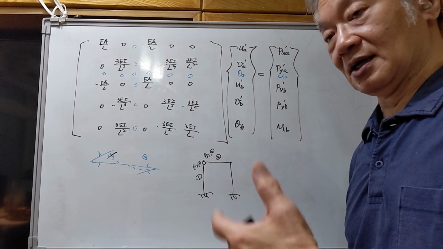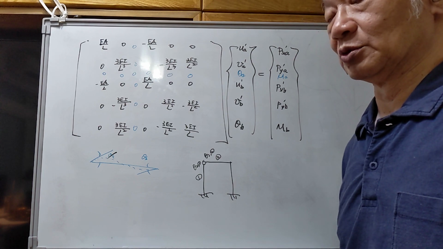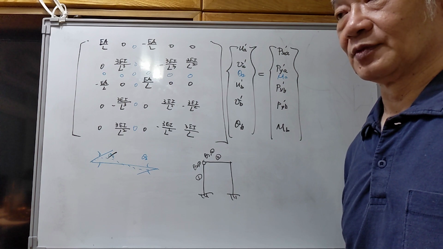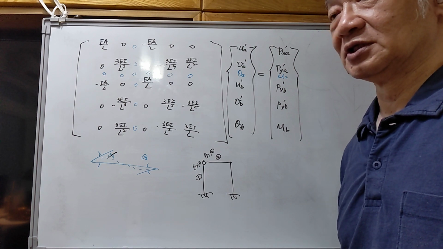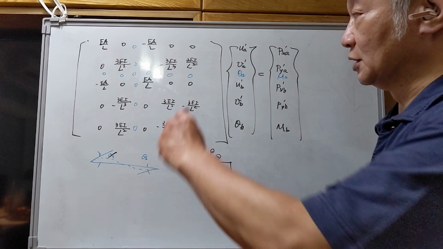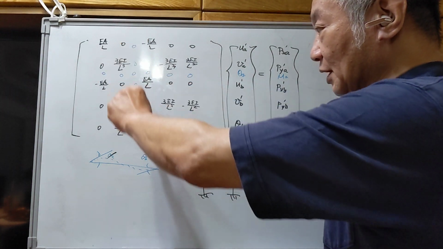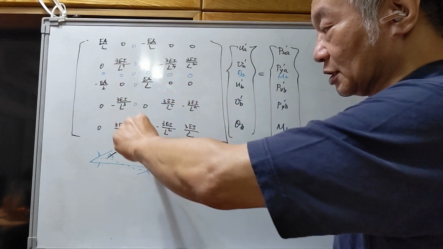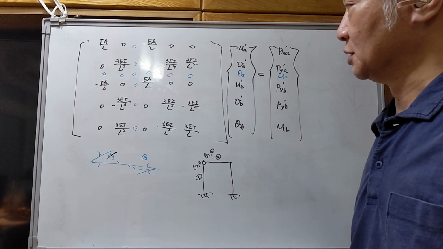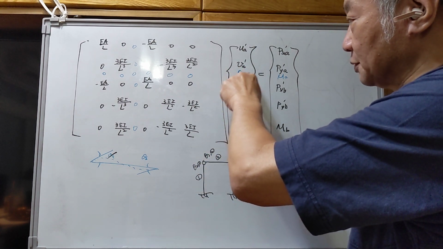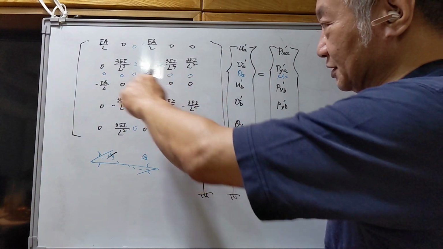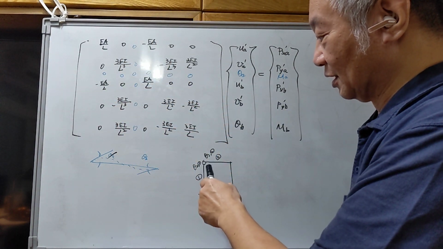But I just said we would like to get a common rule for all elements. We do not like to treat the special case. So we can add a row of zeros and a column of zeros back to the element stiffness matrix. If you check the reference book, you can also see a theta A put here.